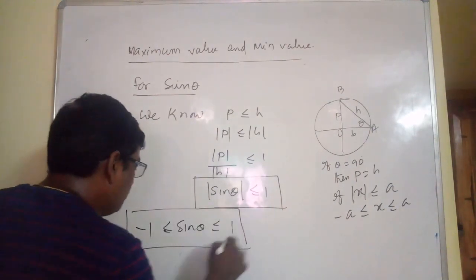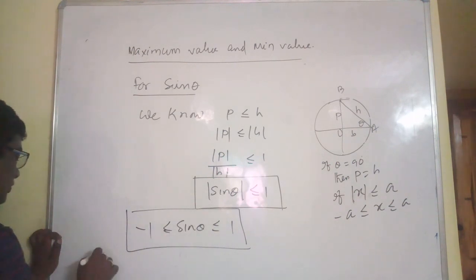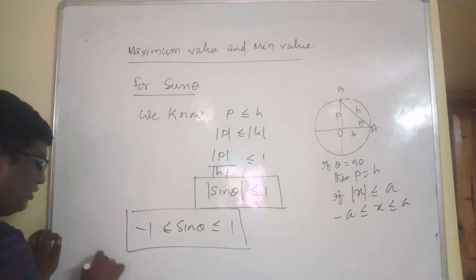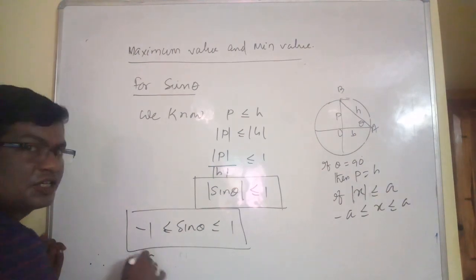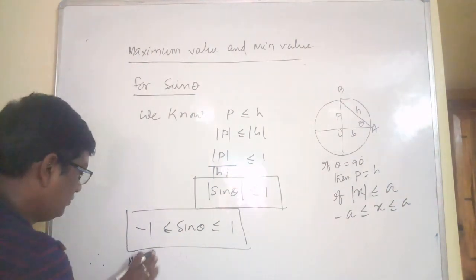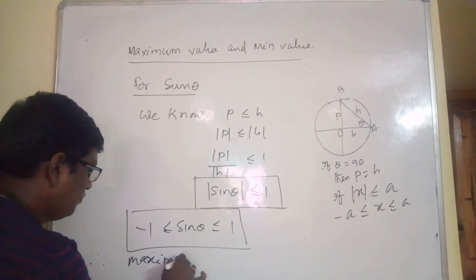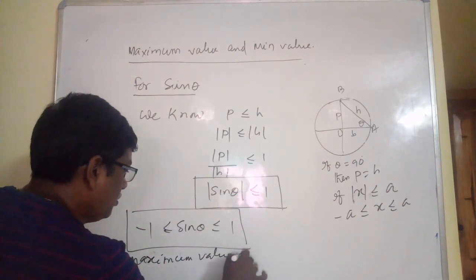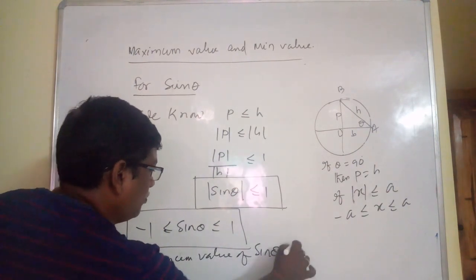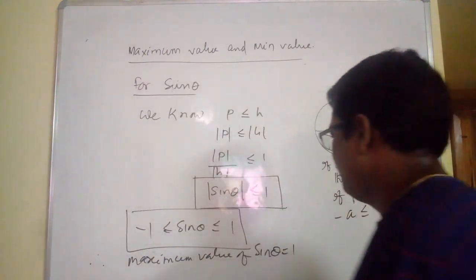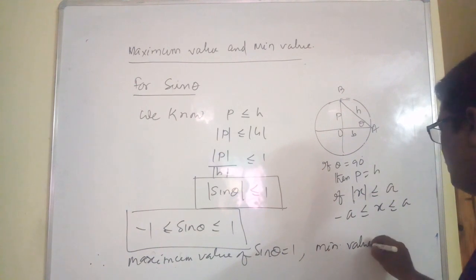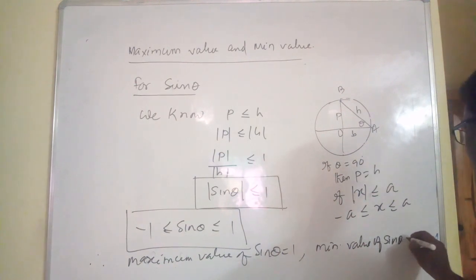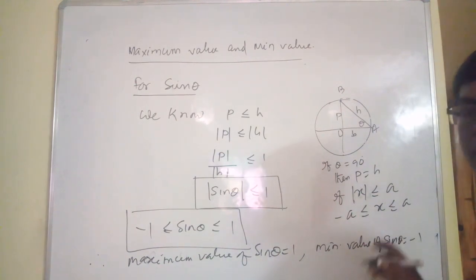So the maximum value of sin theta is equal to 1, and the minimum value of sin theta is equal to minus 1.